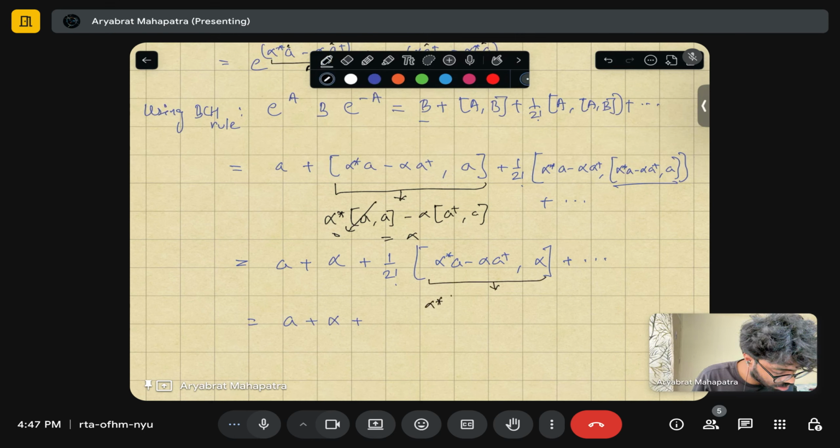Alpha star and alpha, basically a commutator with the identity operator.